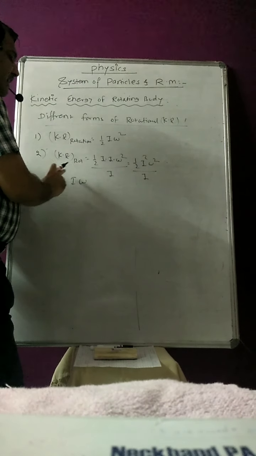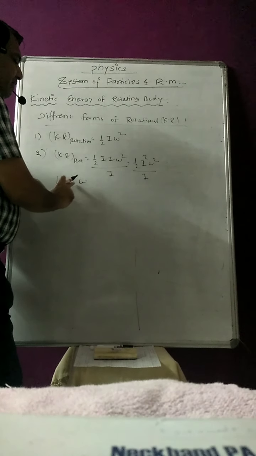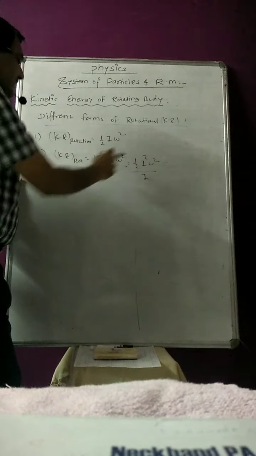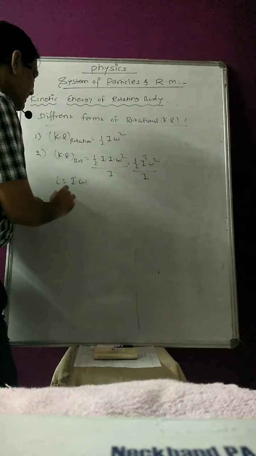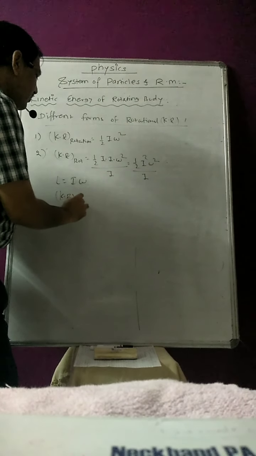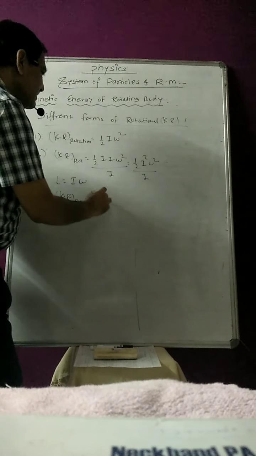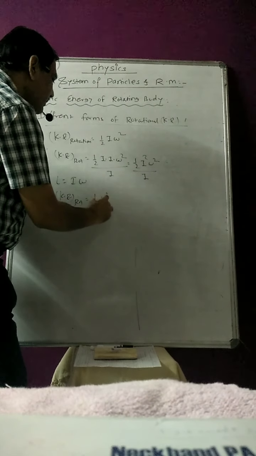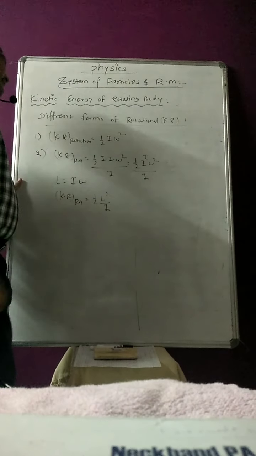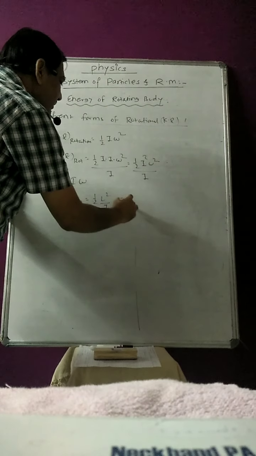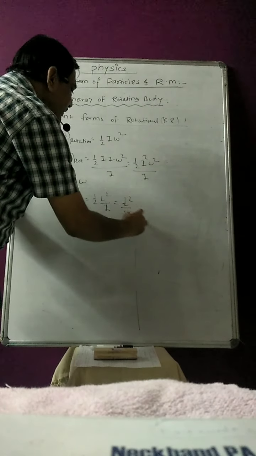Like linear momentum is mass into velocity, here it is moment of inertia into angular velocity. Substituting, kinetic energy of rotation is 1/2 L square upon I, or L square upon 2I.